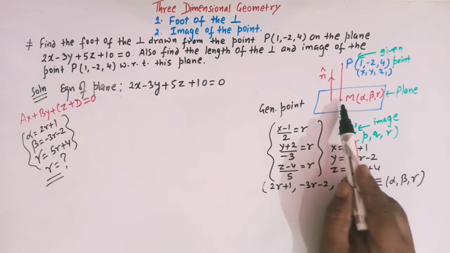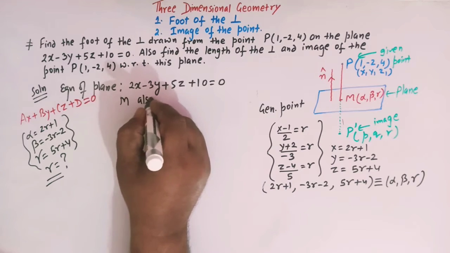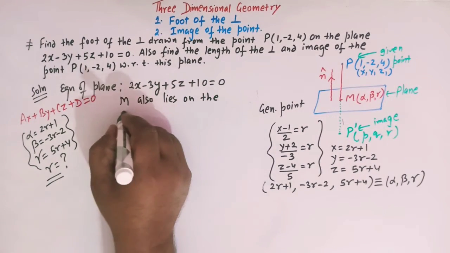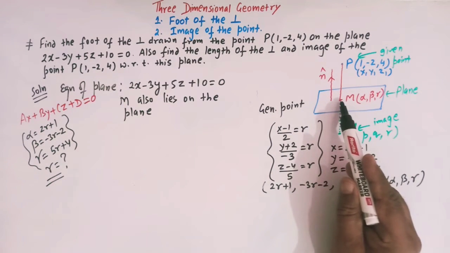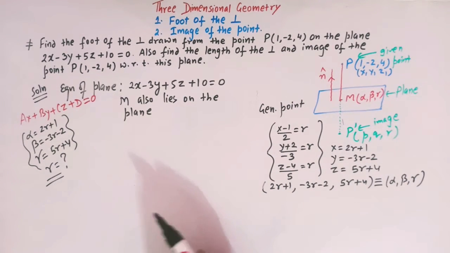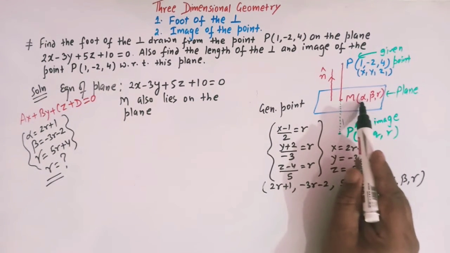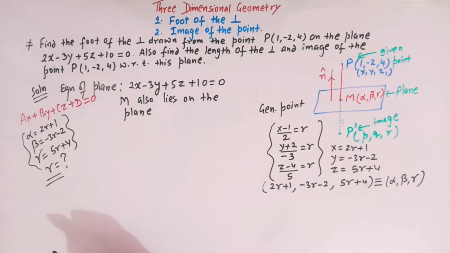And at the same time this point M also lies on the plane, right? Because this point M is the foot of the perpendicular, right? So this point M lies on the line PM as well as on the plane. So therefore this point M, which is alpha, beta, gamma, must satisfy the equation of the plane, right?